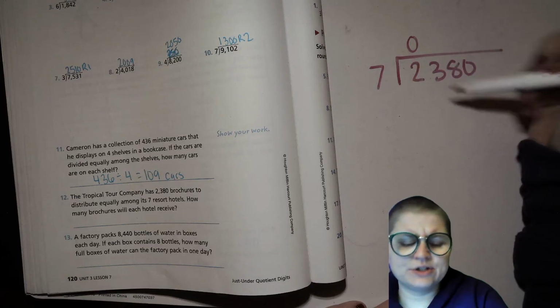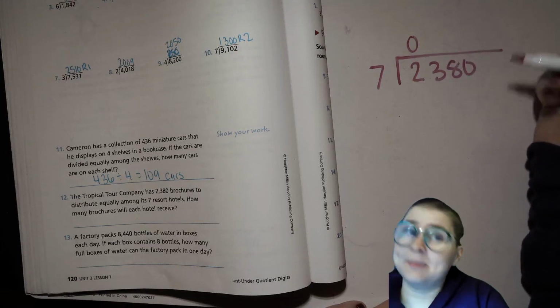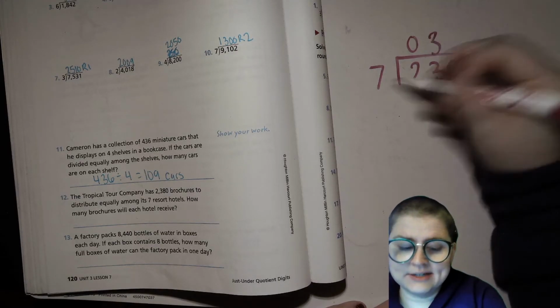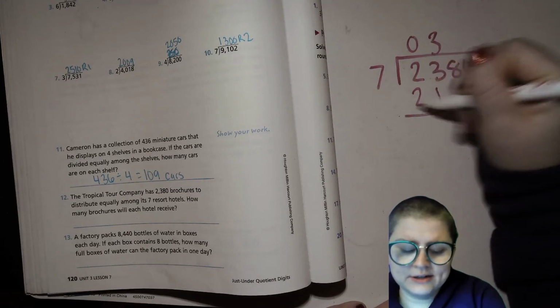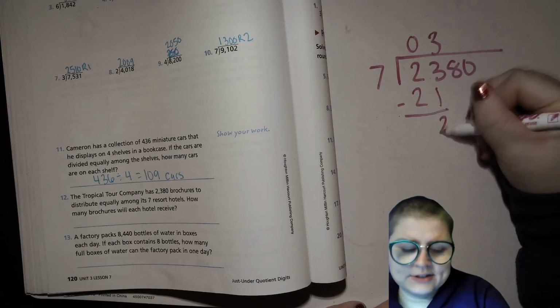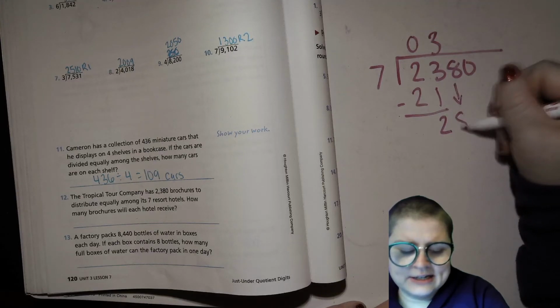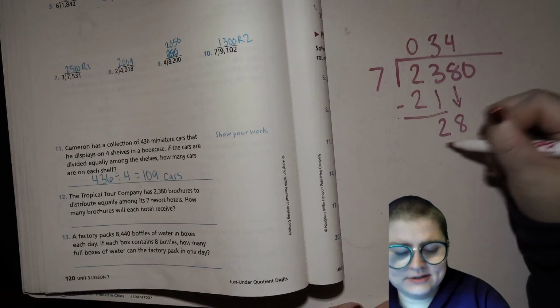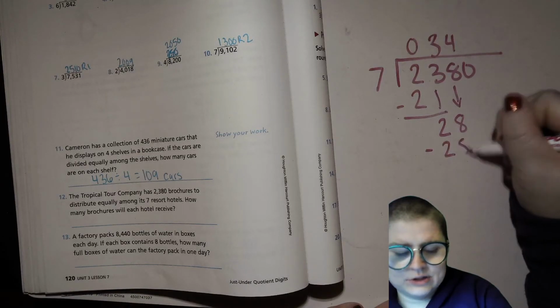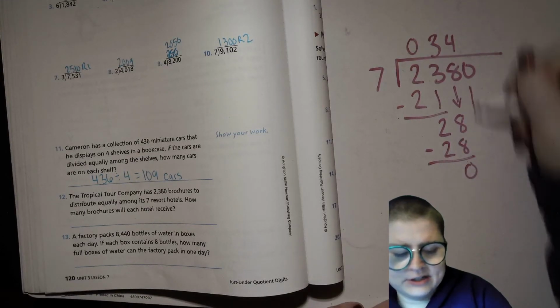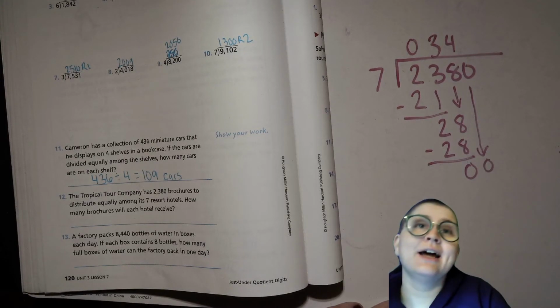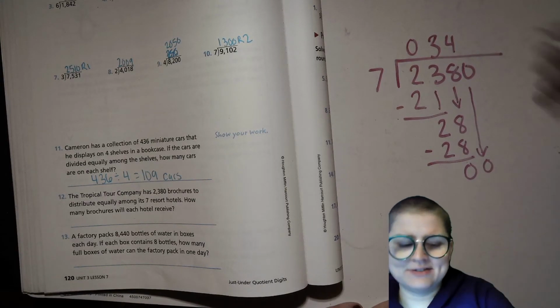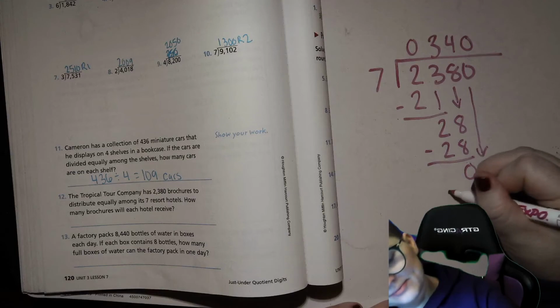It's not going to change the value of the number. Can 7 go into 23? Yes, it can. It can go into 3 times. 7 times 3 is 21. Find the difference. It's a 2. Bring down that 8. 7 goes into 28, 4 times. 28. 0. Bring down that 0. Are we done? Almost. We have to say 7 times 0.